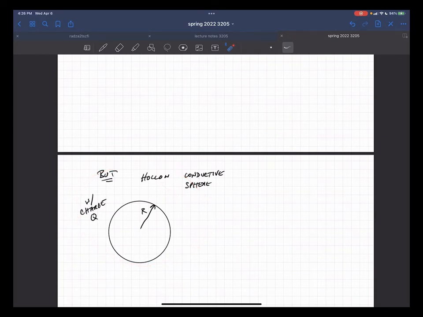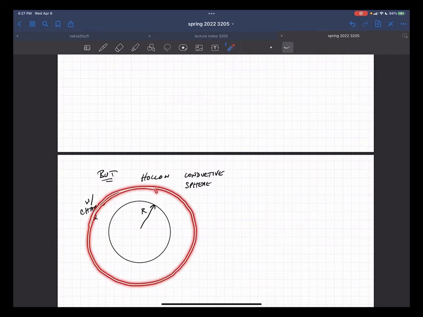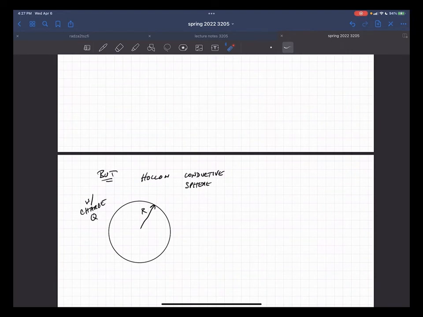And here's where it makes sense to use Gauss's law, because we've got a sphere. If you remember, when we had a sphere that's charged up, because the electric field is radial, we can do Gauss's law, so we could draw any sphere around this thing and easily calculate the electric field, because the direction of the electric field is always perpendicular.